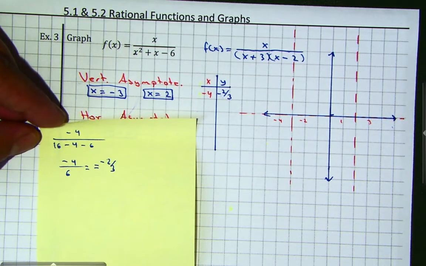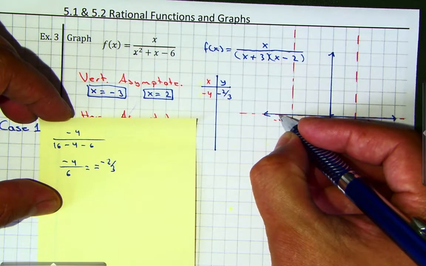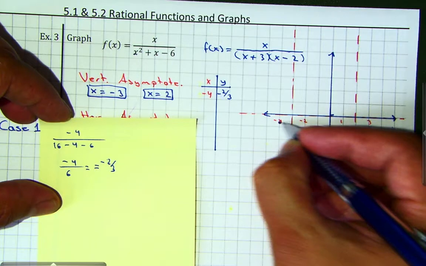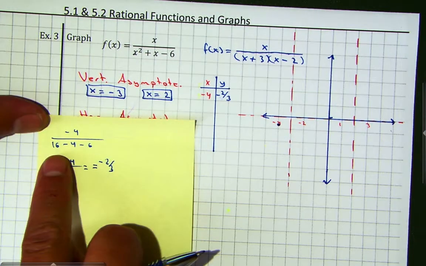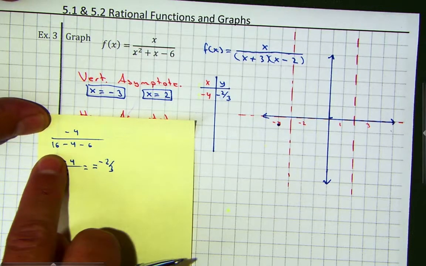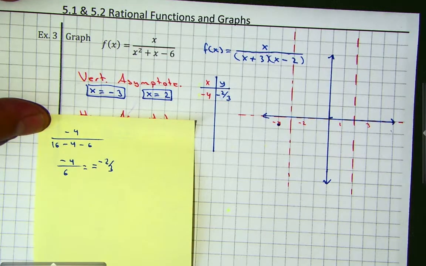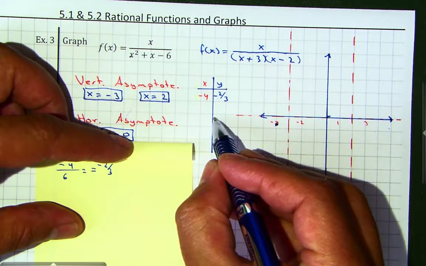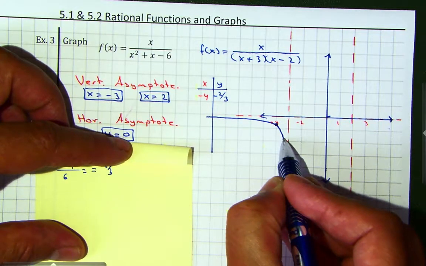So negative 4 gives me negative 2/3. We'll check: negative 4 gives me 16 minus 4 minus 6. So therefore, in this section, the graph will be over here, and then I'll follow my asymptote.